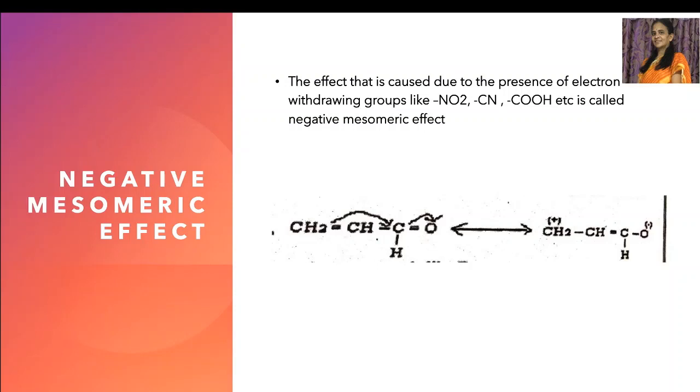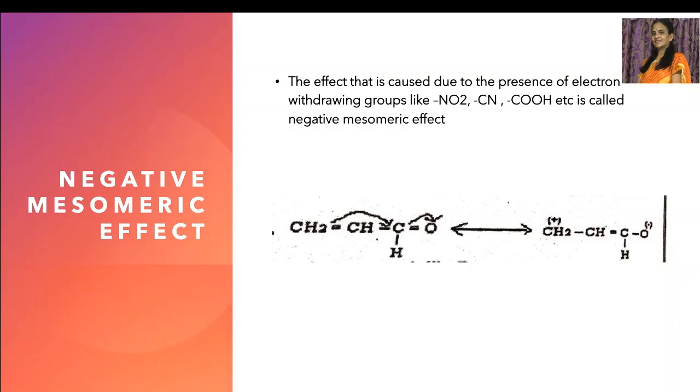If these are attached to a carbon atom in the carbon chain, which is having a double bond in the adjacent carbon, then what happens? Due to the electron withdrawing nature of these, the pi bond electrons in between the two carbon atoms are shifted towards the adjacent single covalent bond.